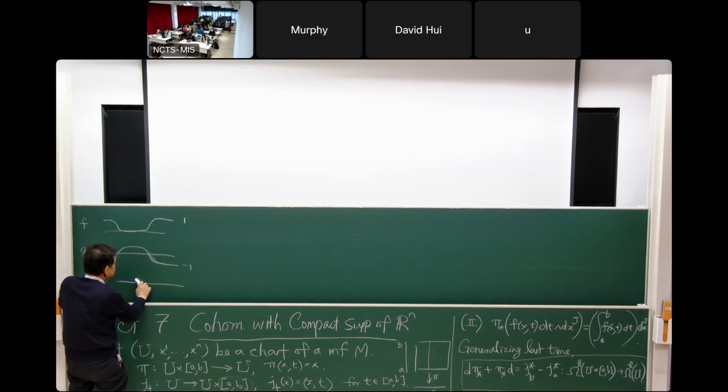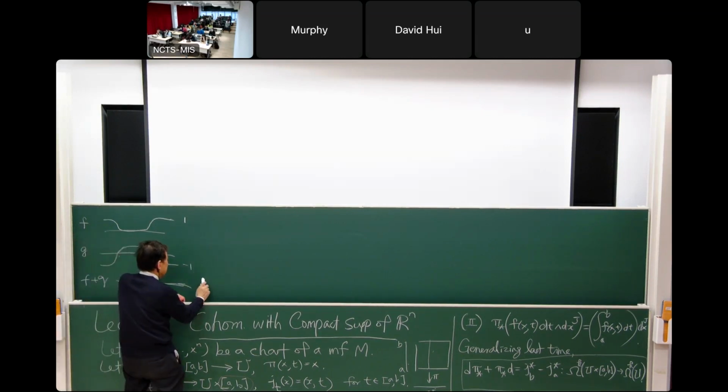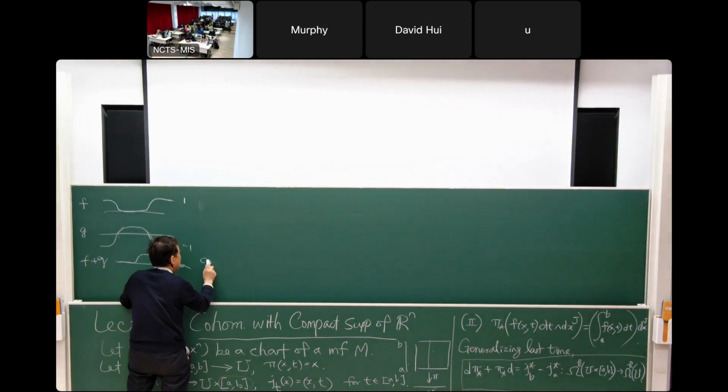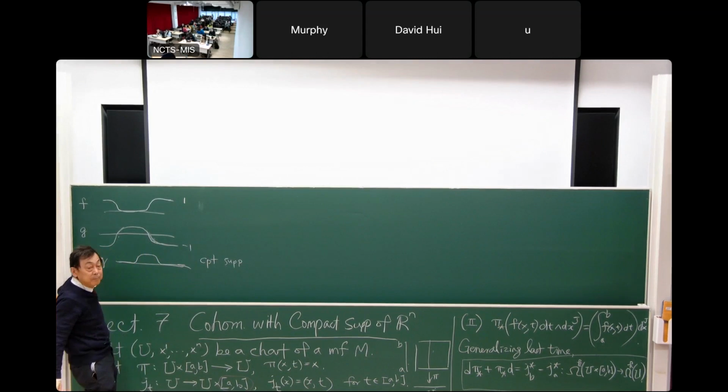And then F and G will look like this. So it has compact support. Okay, so it's possible for the sum to have compact support, but the individual terms do not have compact support.